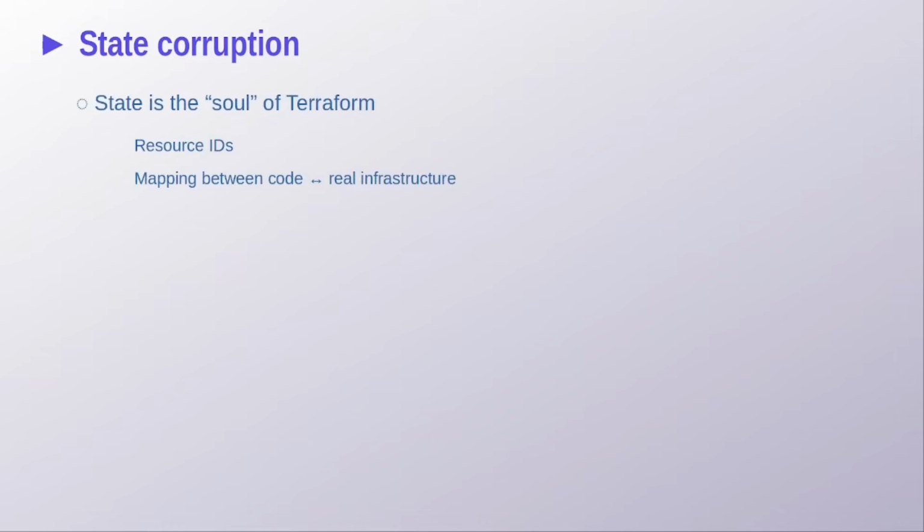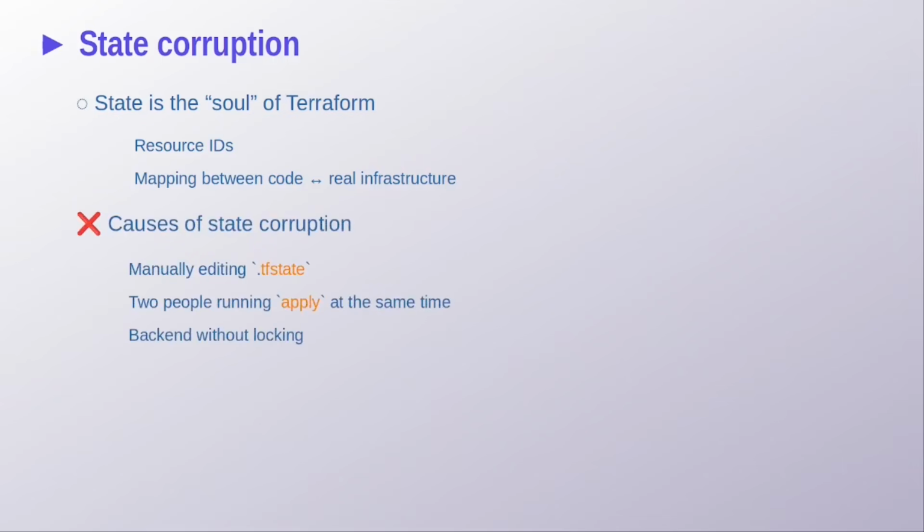State corruption. State is the brain of Terraform. Terraform state contains real resource IDs and the mapping between code and infrastructure. If state is broken, Terraform is blind.